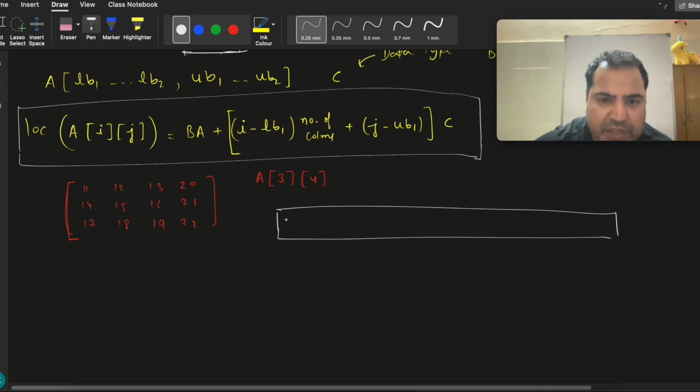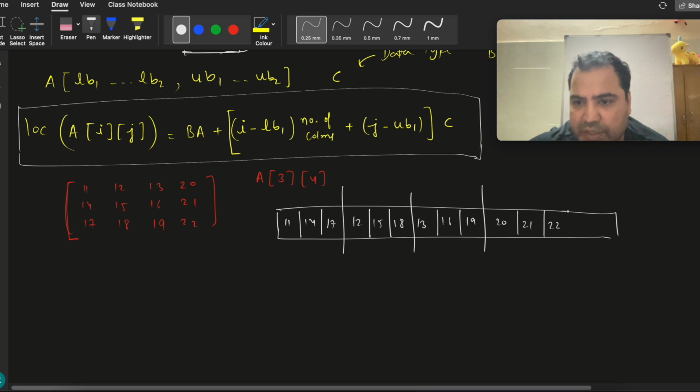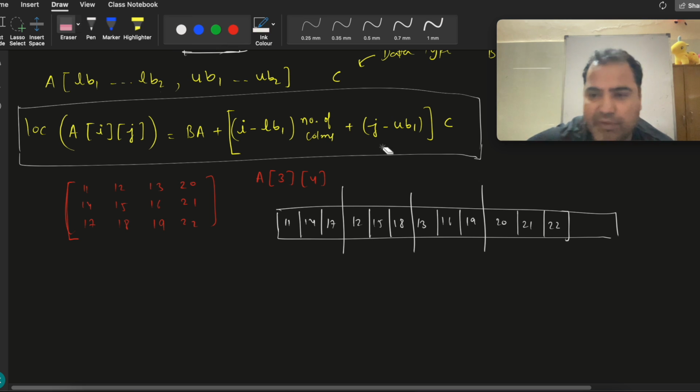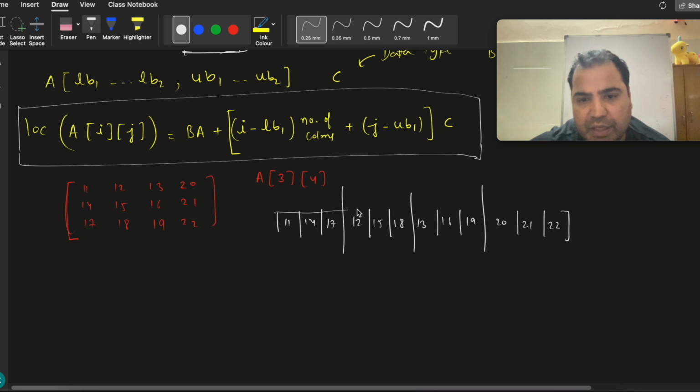So first column is 11, 14, 17, right? Then your second column is 12, 15, 18. Third column is 13, 16, 19, and fourth column is 20, 21, 22, right? So till this point your columns are there, right? I will erase this space. Okay, anyway, I'll draw it again, right?